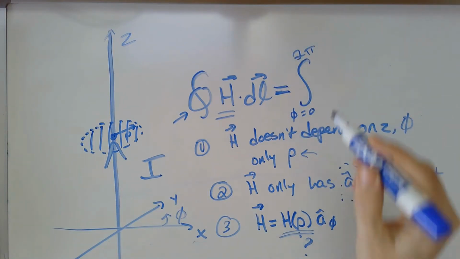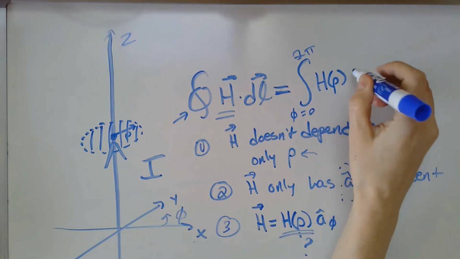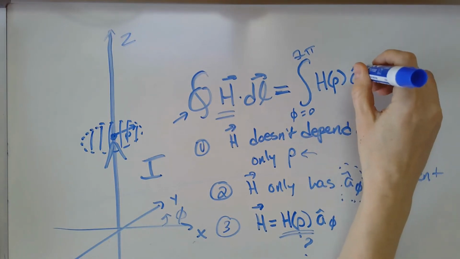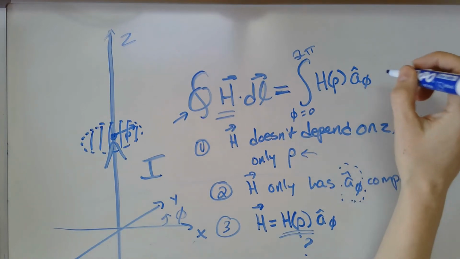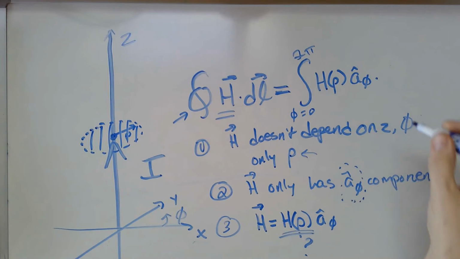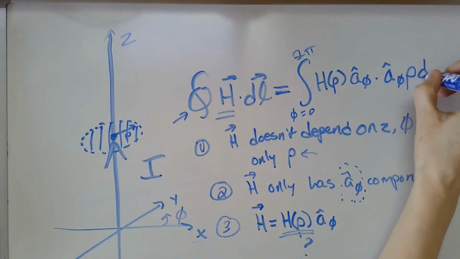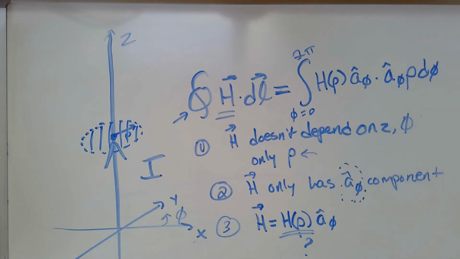Substitute in my value of H here, so amplitude of H, which is a function of rho, times a hat phi, dotted with dl, and dl around the edge of a circle is a hat phi rho d phi. And that whole thing is equal to I. I'll try to fit that on the screen. There we go.